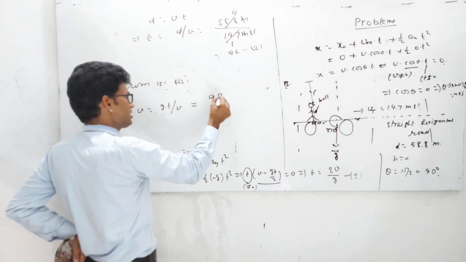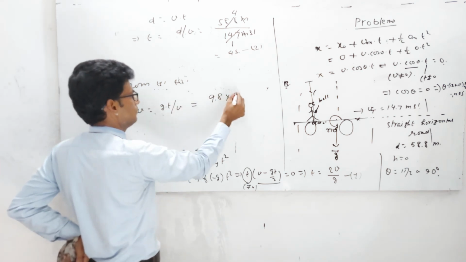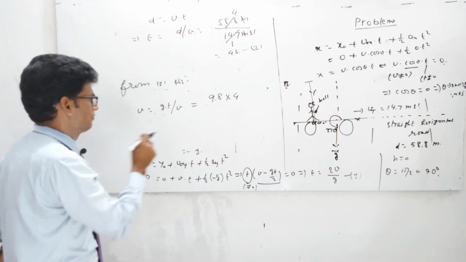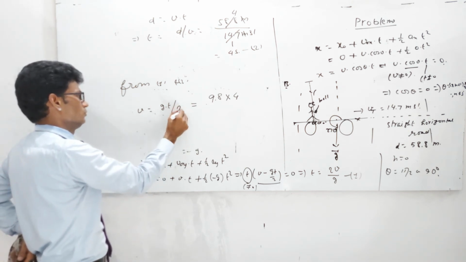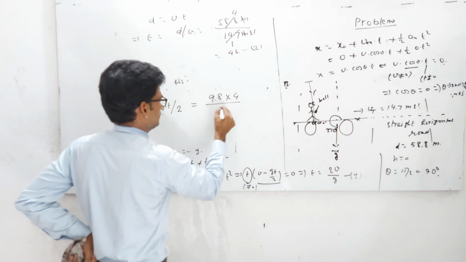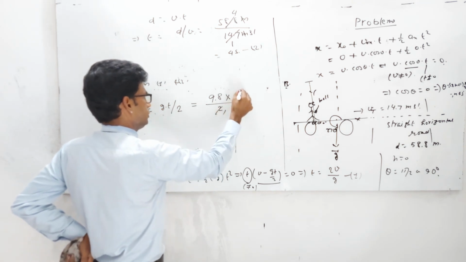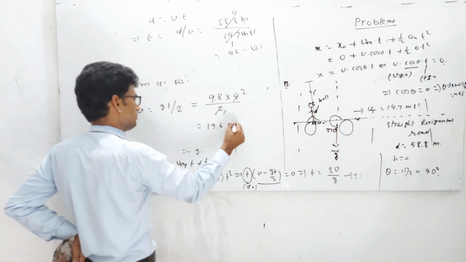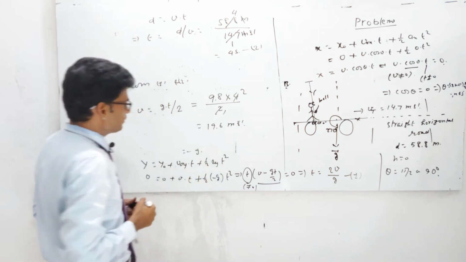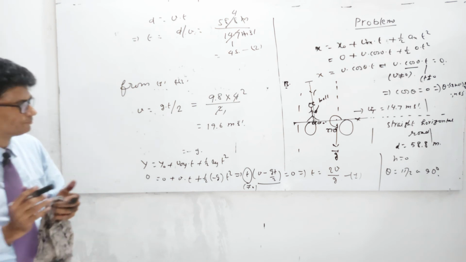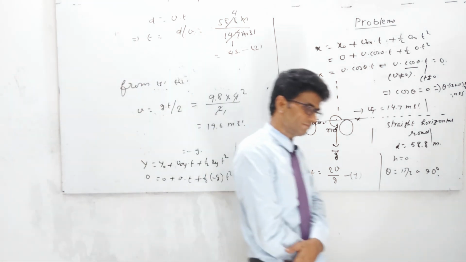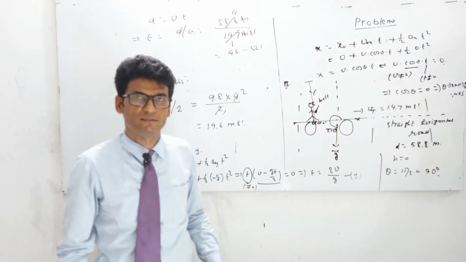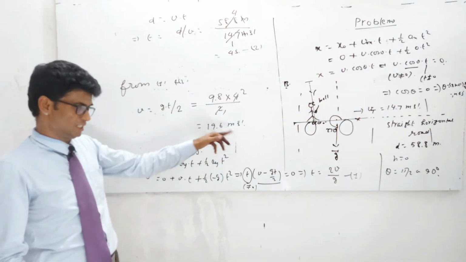Take it as 9.8, t is 4, by 2, so 2 times 9.8 is 19.6 meter per second. So with respect to the truck frame, we did our task: direction perpendicular and the speed 19.6 meter per second.